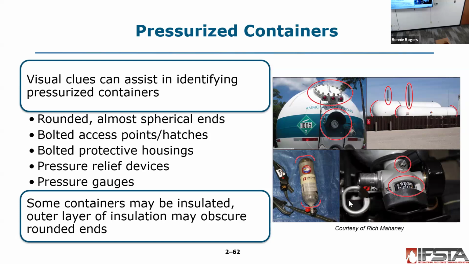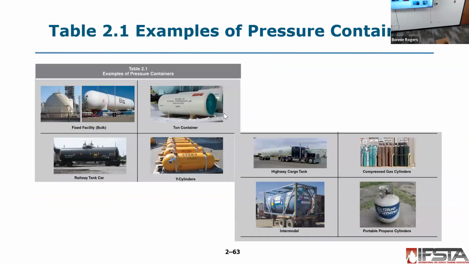Your SCBA, is that a pressure container? Good. How do you know? It has a gauge. Okay, yeah, good, that's a pressure gauge. What happens if you snap this thing off? Okay, more pressure containers. What do we see here?